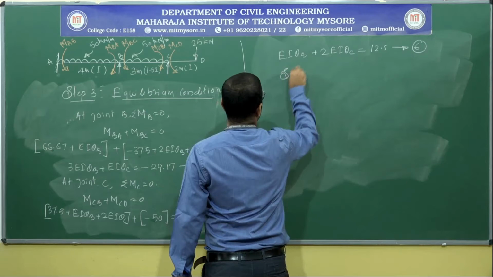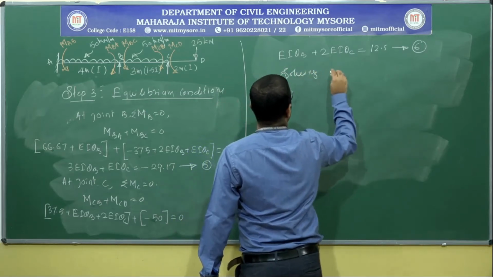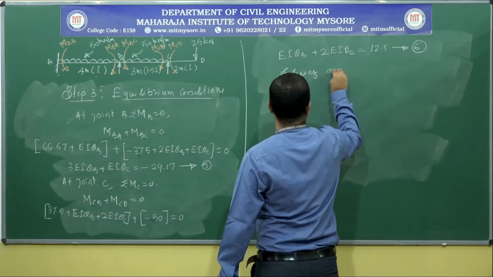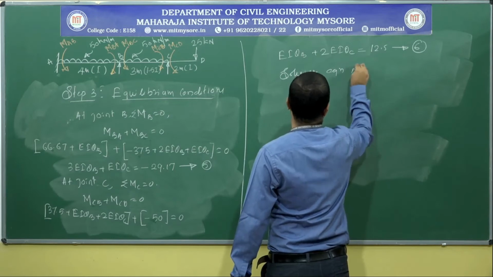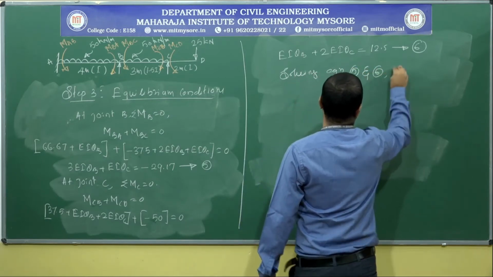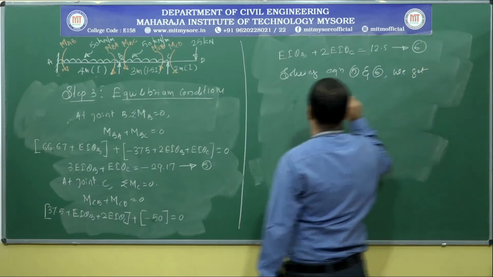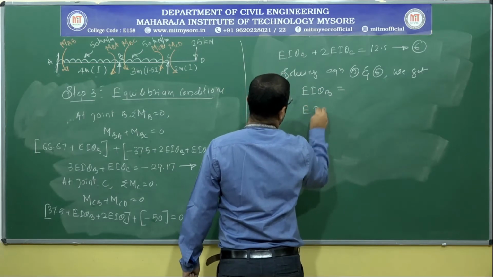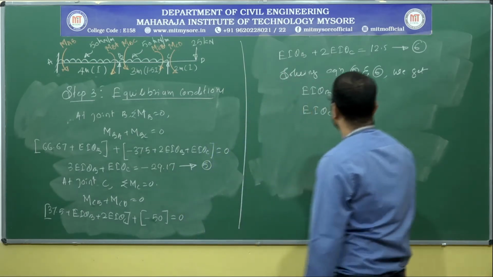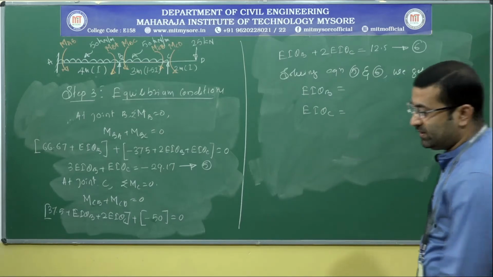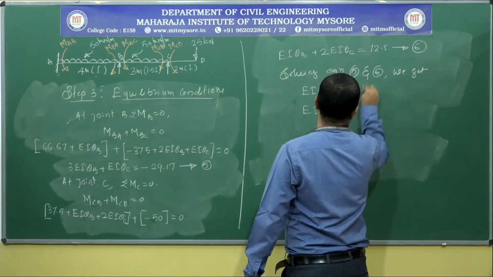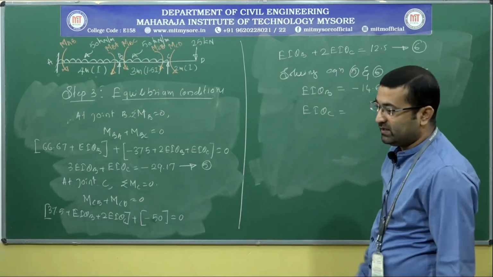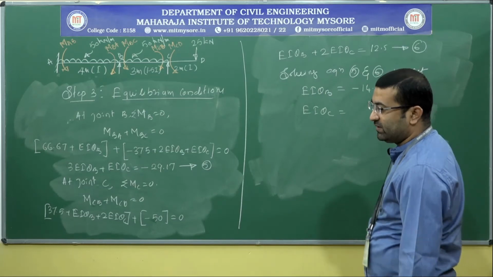If you solve these two equations simultaneously, we will get the values of EI theta B and EI theta C. Solving equations 5 and 6, we get EI theta B as about minus 14.68 radians, and EI theta C is 13.33.